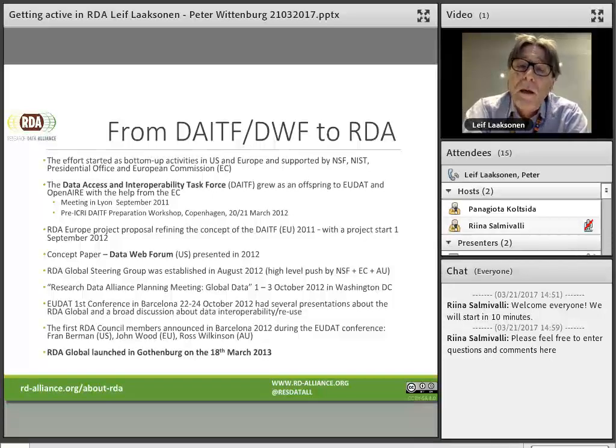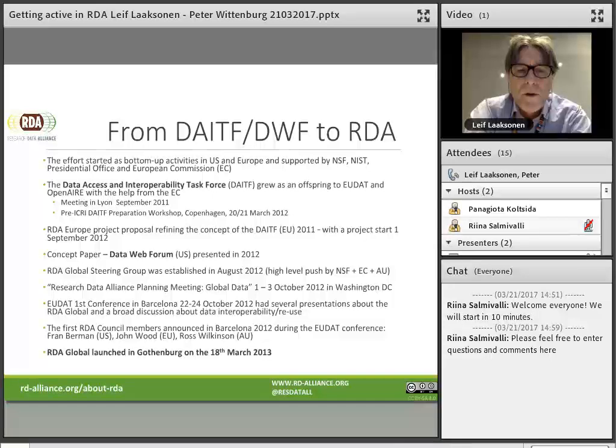The RDA as an organization is providing very much the framework, but the work and the output is really created by the researchers in RDA.